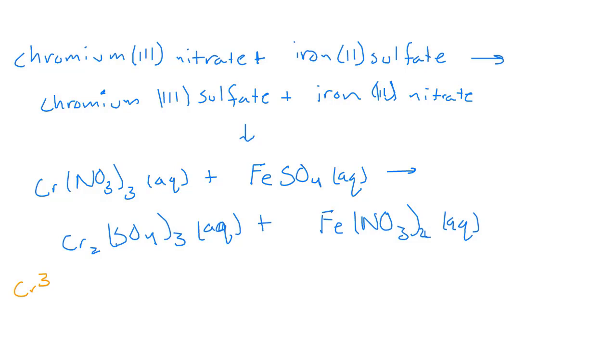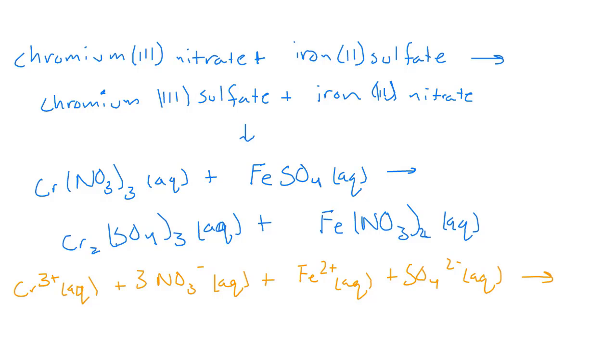So let's go ahead and break this down into the complete ionic form. Cr 3 plus aq, plus 3 minus aq, plus Fe 2 plus aq, plus SO4 2 minus aq, yields. Before we continue, is this equation balanced?